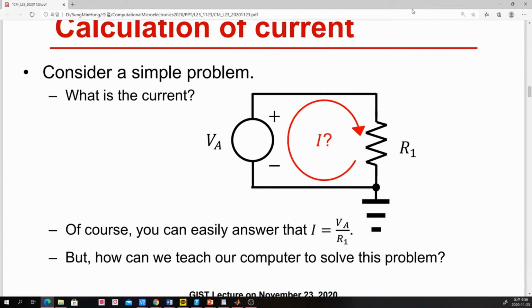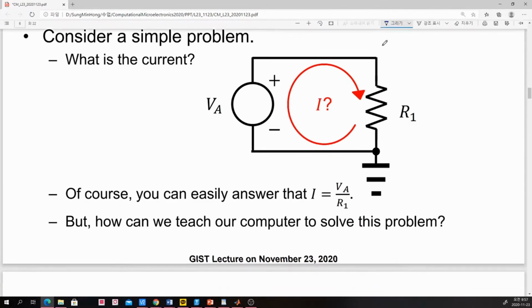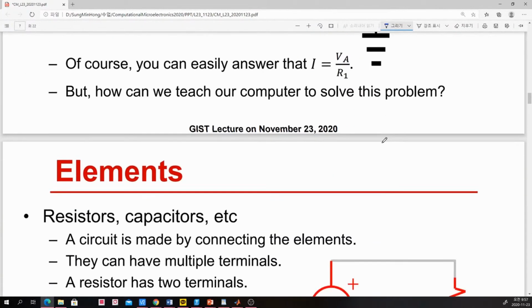So we wanted to make an automated way to solve circuit problems. That is our motivation. For that purpose, we have to identify the general rule governing this circuit. That will be explained here.